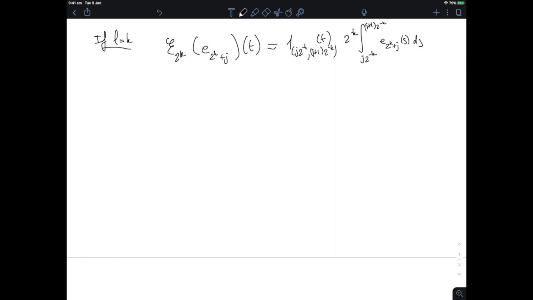Yes, but on that full interval, e to the 2k plus j of s has integral 0 on its support, because it's 2 to the k over p half of the time and minus 2 to the k over p the other half of the time. So this is also 0.